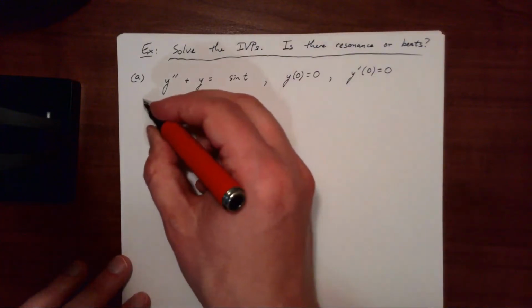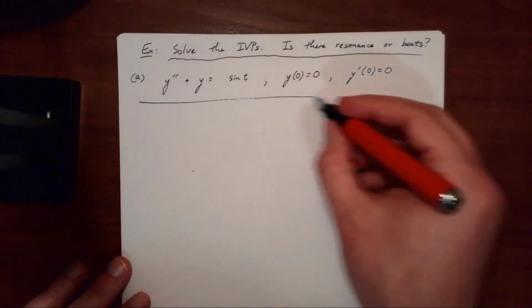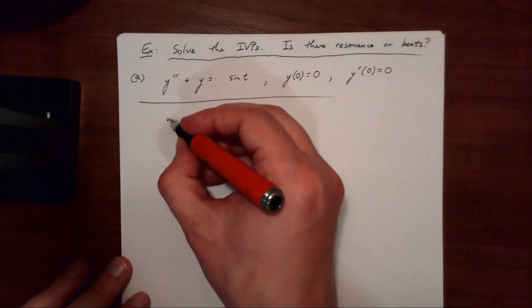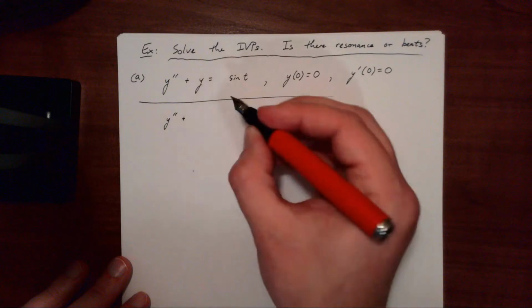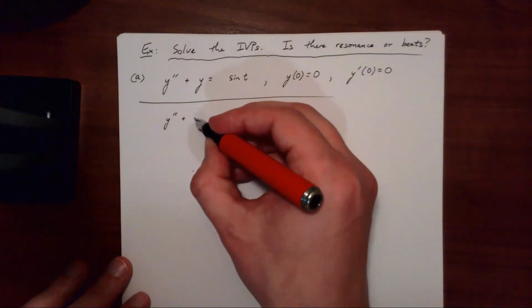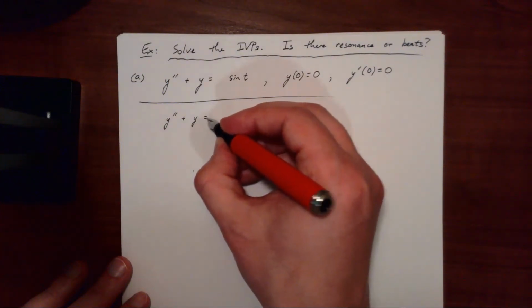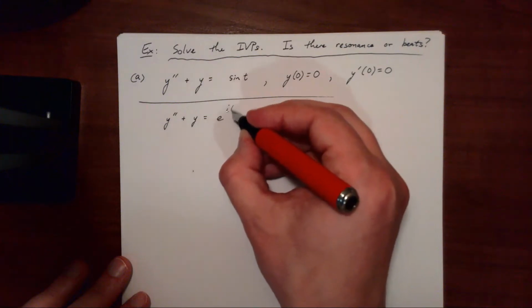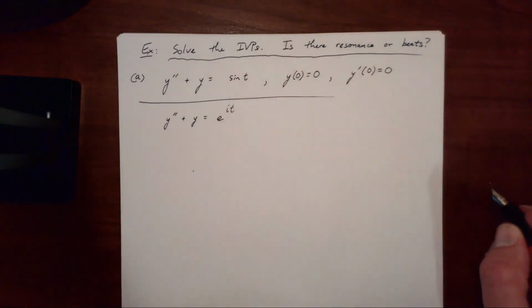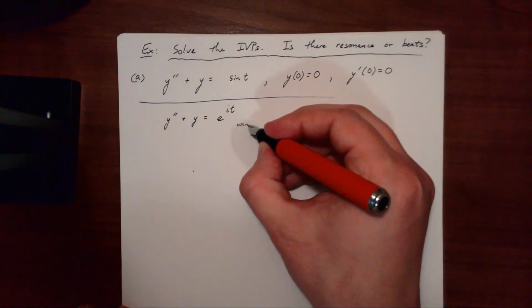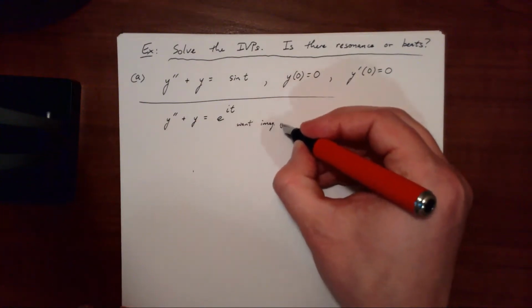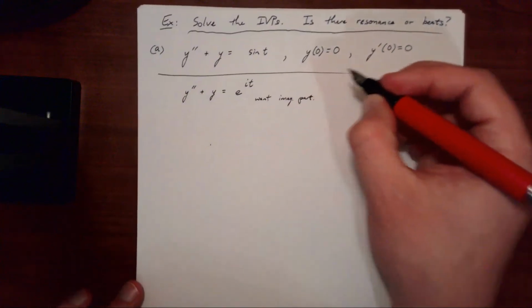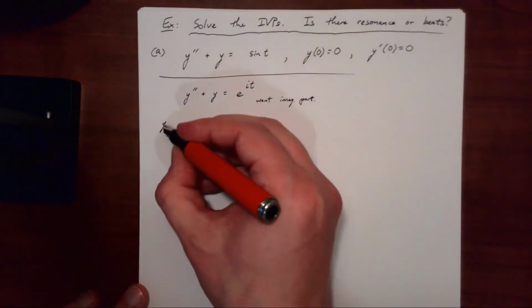Okay, well, let's just solve this by regular means. Now let's just go ahead and complexify it to begin with, since we have that tool in our arsenal. So y double prime plus y is equal to e to the it, and we want the imaginary part. Okay, so let's start with the complementary solution.